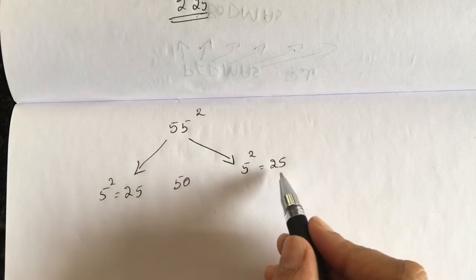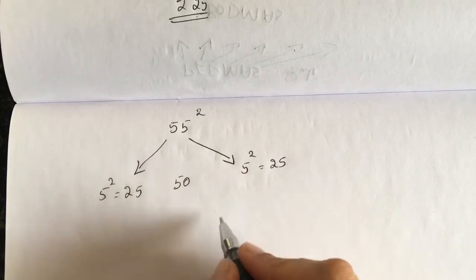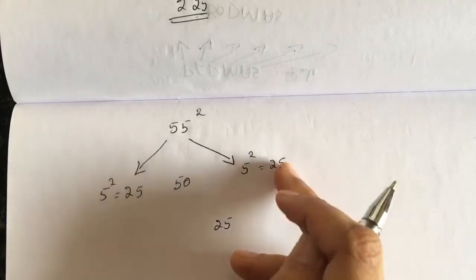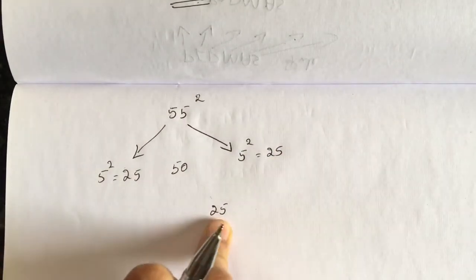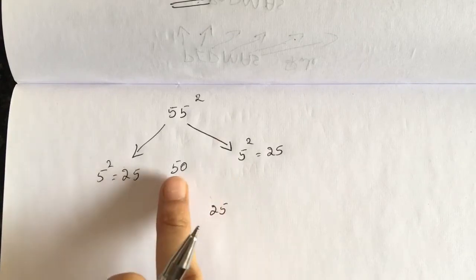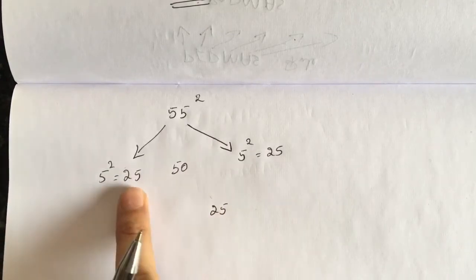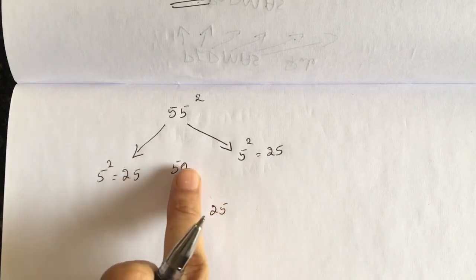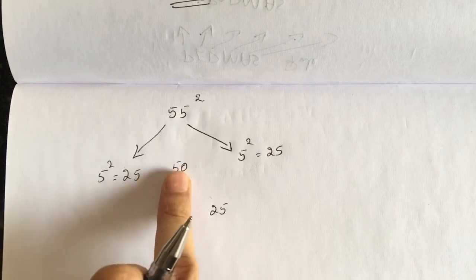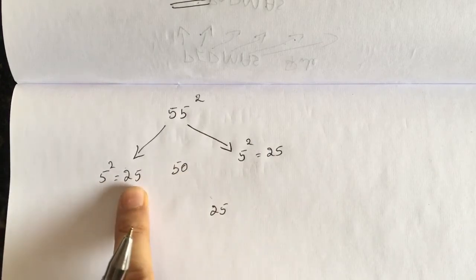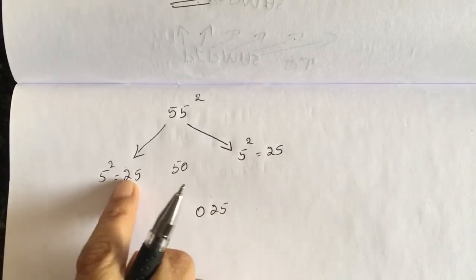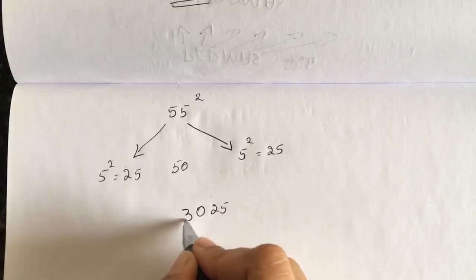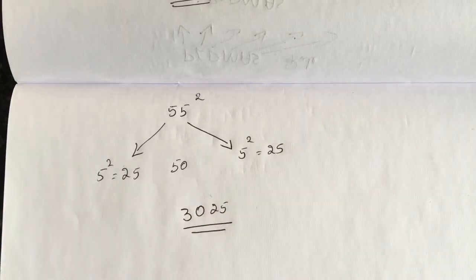Now you write 25 as it is, since it's a two digit number. Now it's 50 plus 5, 55. You write 0 plus 5, which is 5, 5 plus 5 is 10, yeah, 0, and take that 1 to this digit, that's 3025. This is one method.